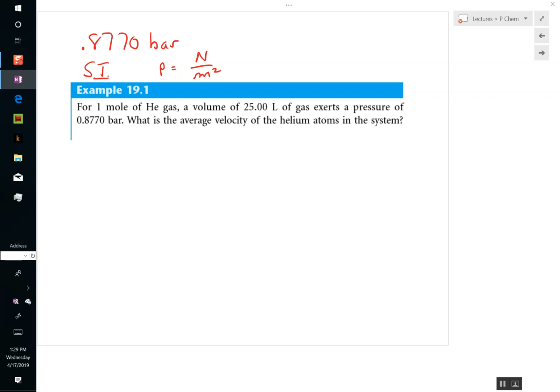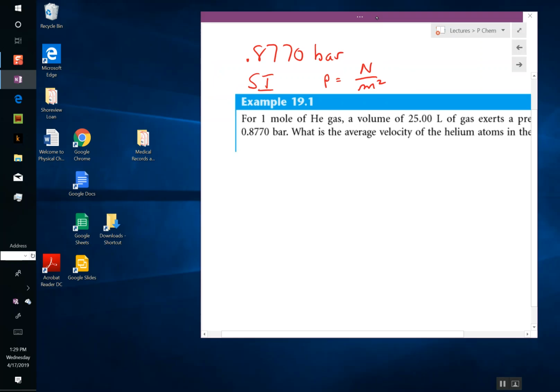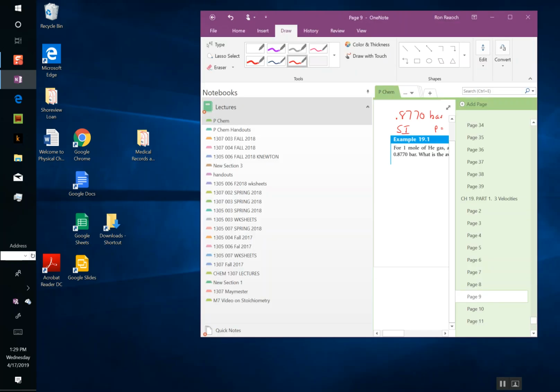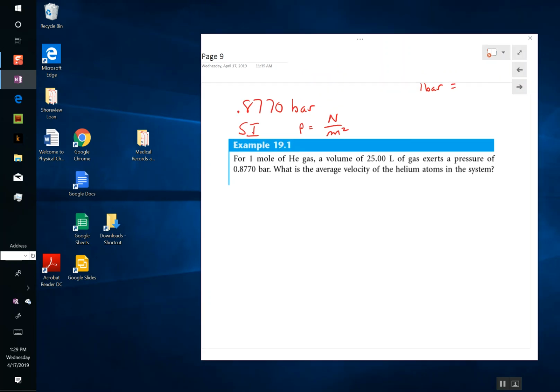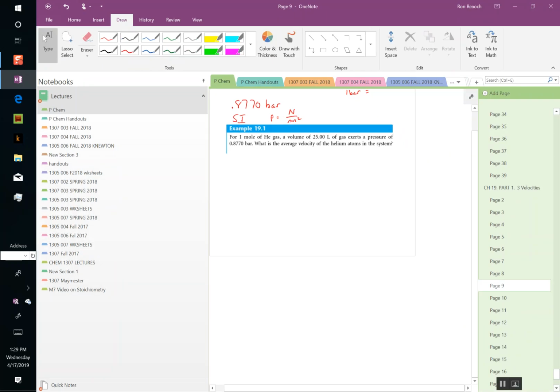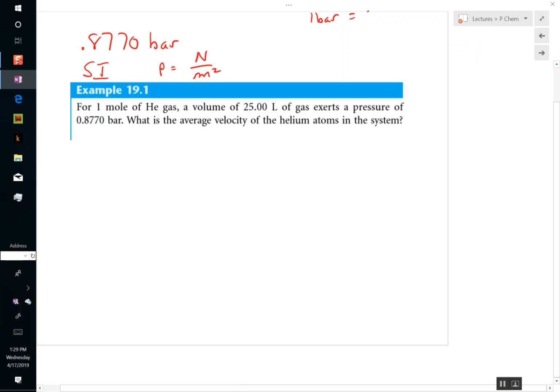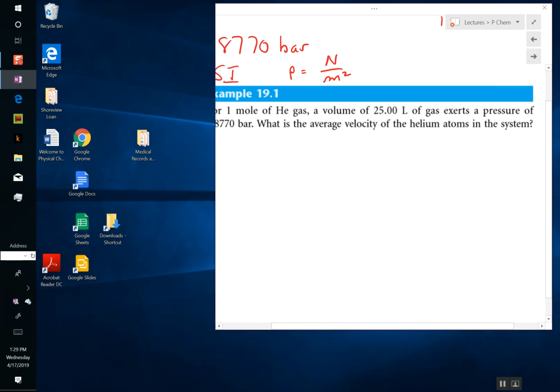One bar is 10 to the 5th. Oh, this thing has a mind of its own.